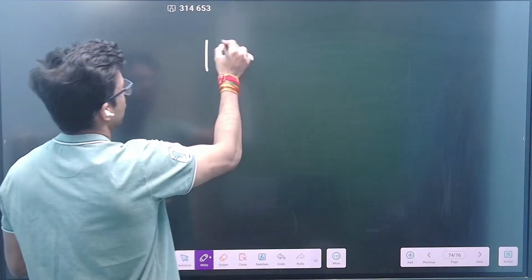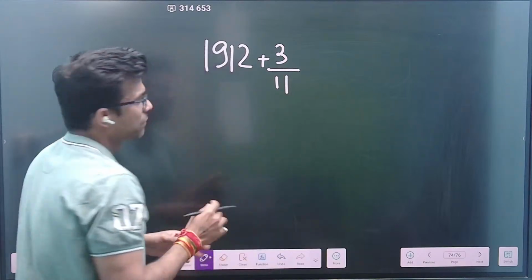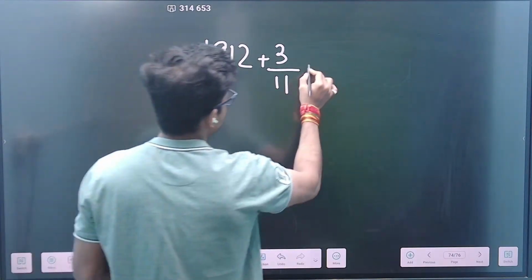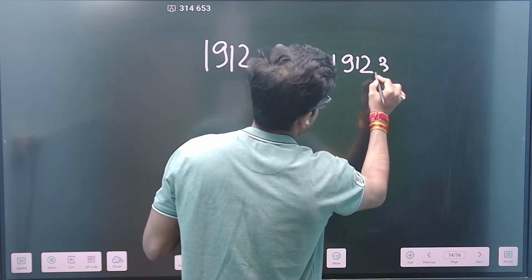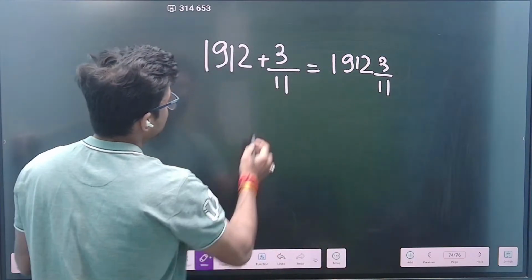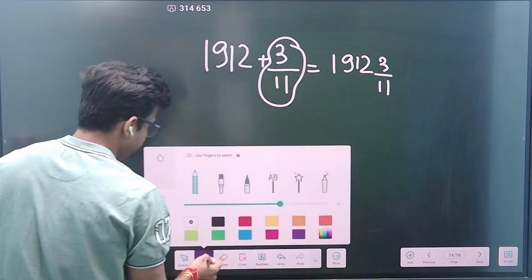1912 plus 3 by 11. Simply, the answer would be 1912 and 3 by 11. Always remember, this part should be a proper fraction part.